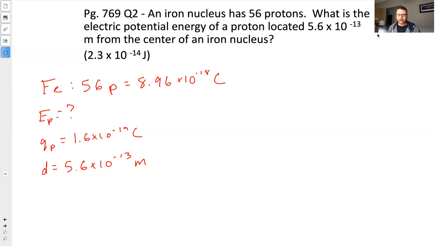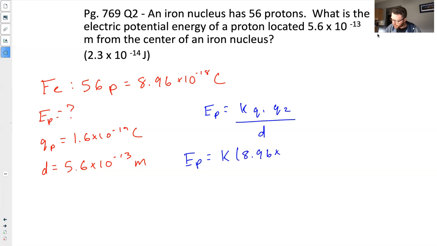So we will use Rutherford's formula here. EP is equal to K Q1 Q2 over the distance. EP is equal to Coulomb's constant. Q1 can be our iron, so 8.96 times 10 to the negative 18 coulombs.